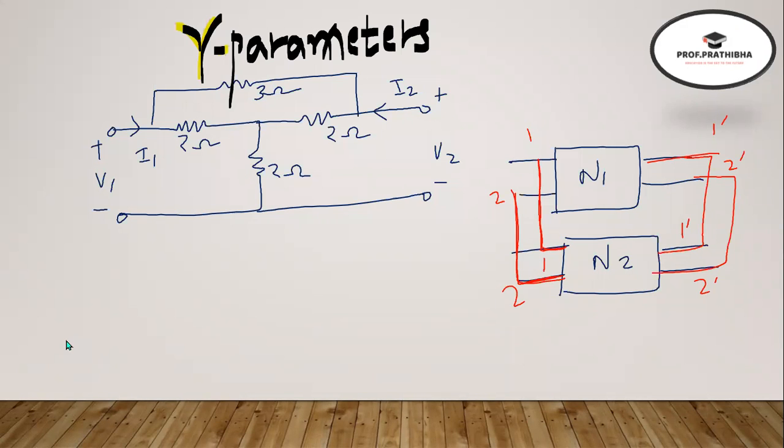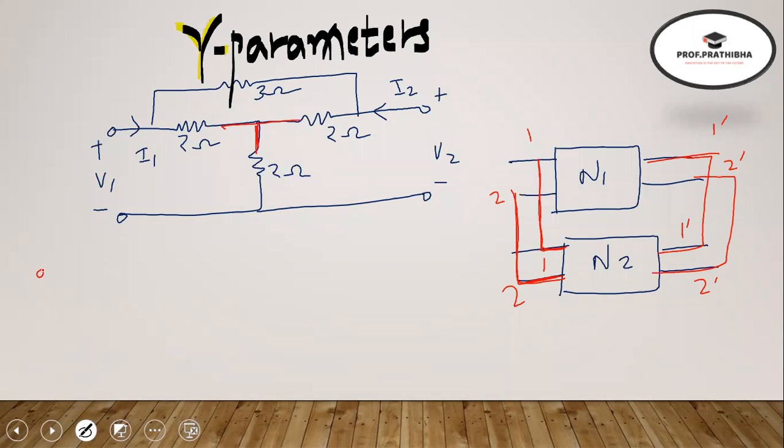Are you able to see the T network? Yes, the three resistors that you can see here form what is called the T network. So we are going to take that as network one.